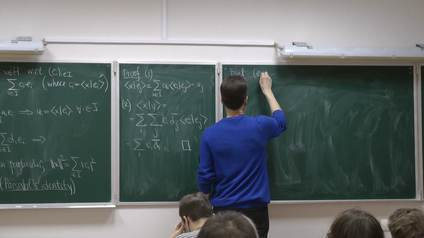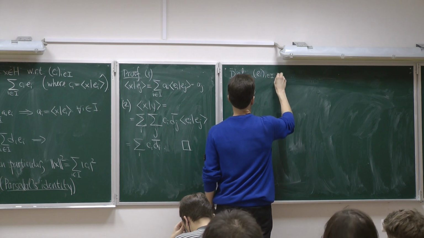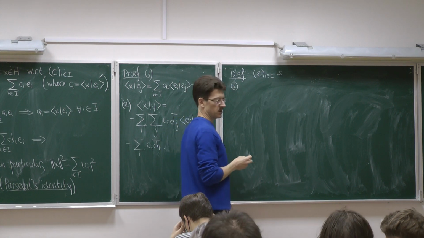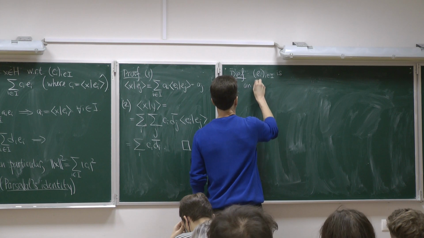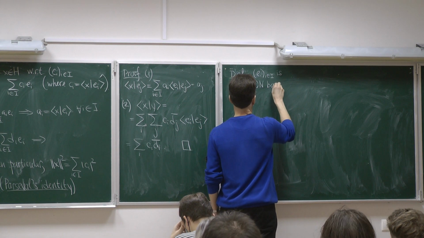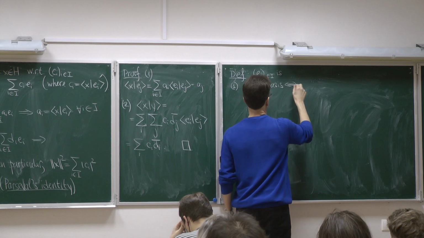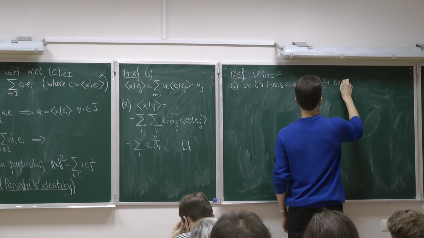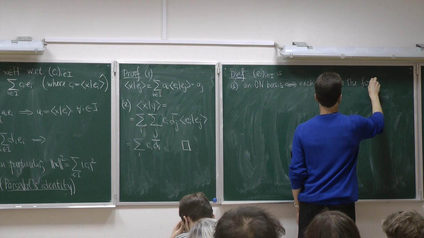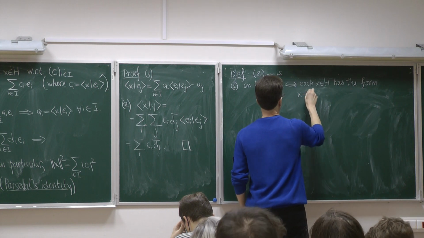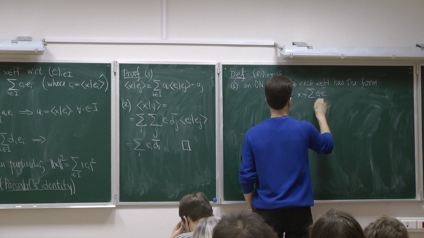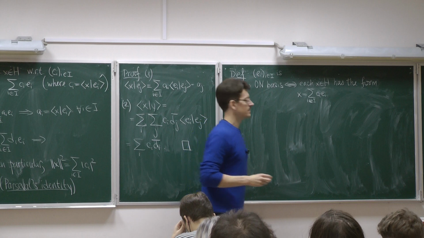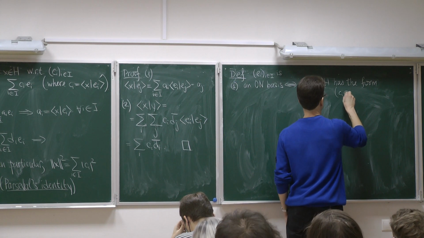We say that our family, ei, is, first definition, an orthonormal basis if each element x in H has the following form, where Ci are complex numbers.